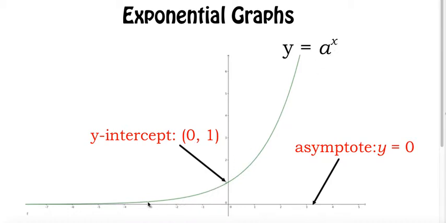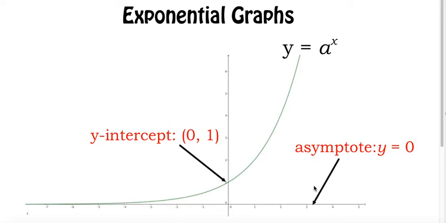So this is why here in the negative x direction, the y values are getting smaller and smaller. Now here it looks on my diagram like it actually touches the x-axis, but it doesn't. It just gets so close, the number gets so small that you have to keep zooming in to see that there actually is a gap there.